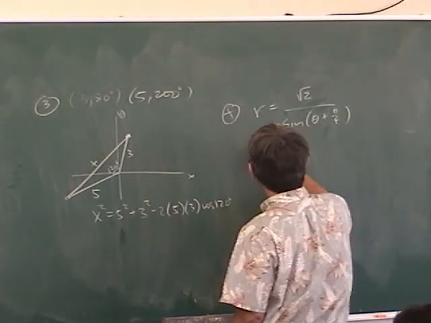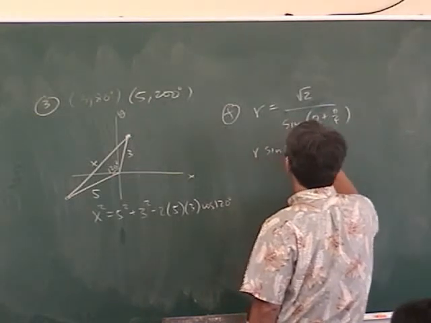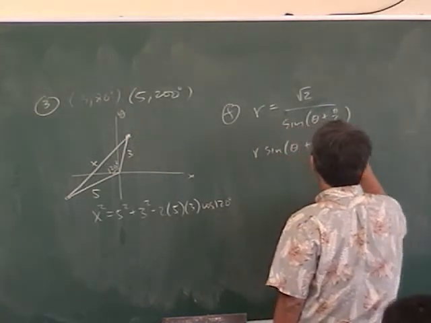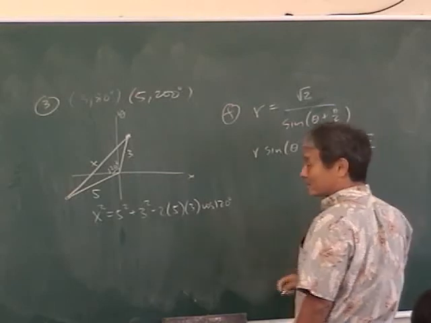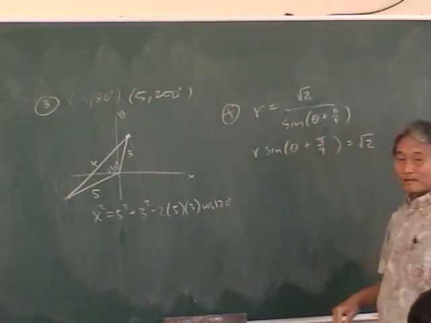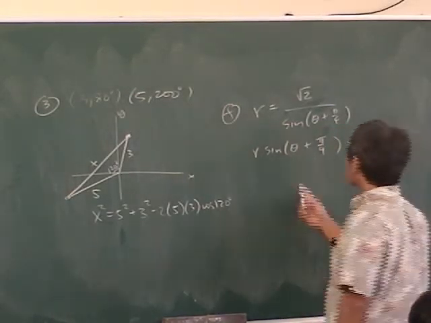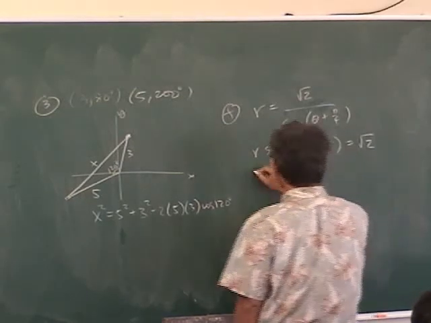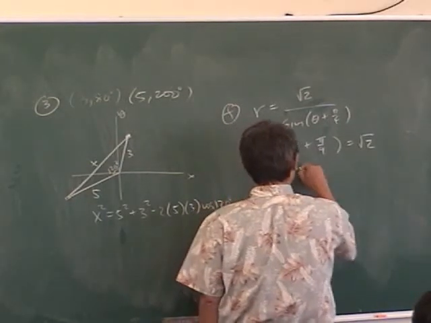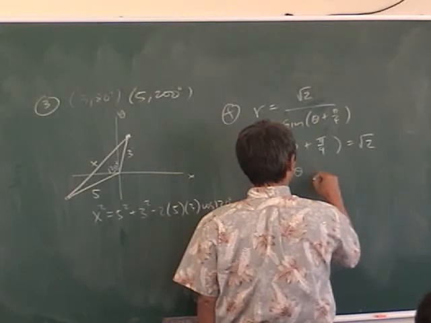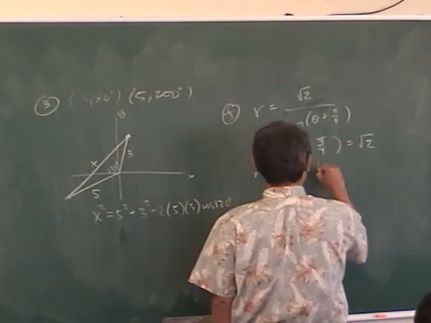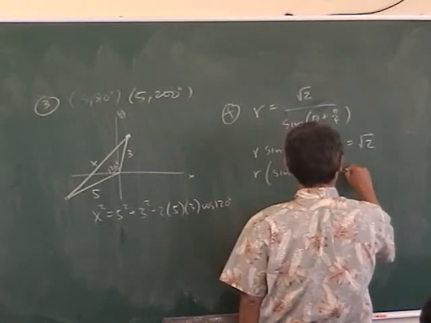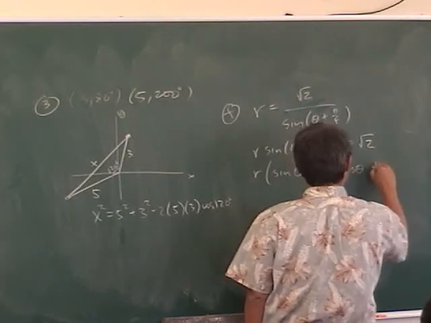Cross multiply. There's only one thing you can do. Expand this: sine of the first, cosine of the second, plus cosine of the first, sine of the second.